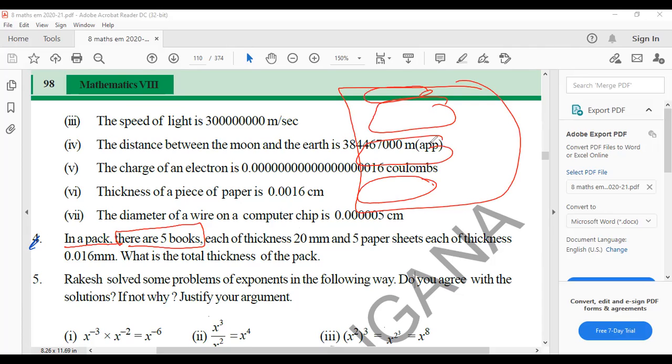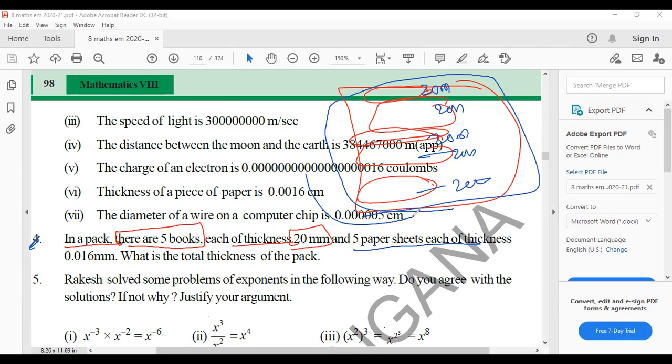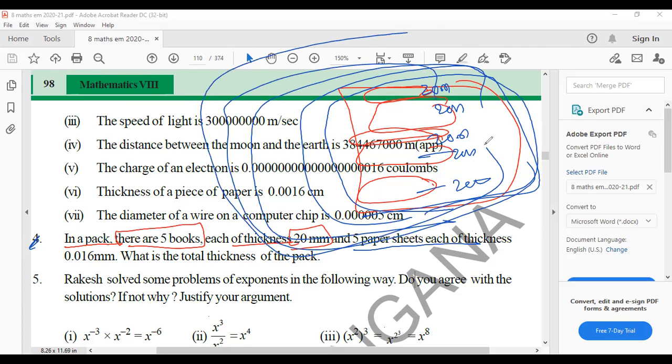Each book has a 20 millimeter thickness. After this, we have 5 paper sheets: paper sheet 1, 2, 3, 4, 5. The thickness of each sheet is this one. So what is the total thickness of the pack?